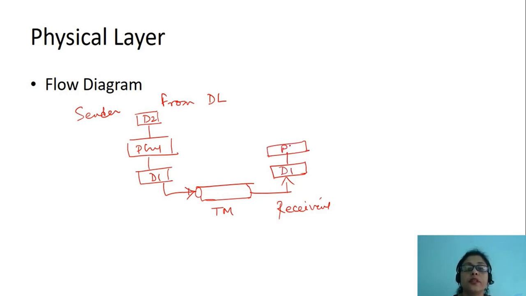So the physical layer helps in getting the data in the proper format at the receiving station. Then it goes to the data link layer to form the D2 data. So this is the basic flow diagram of the physical layer.